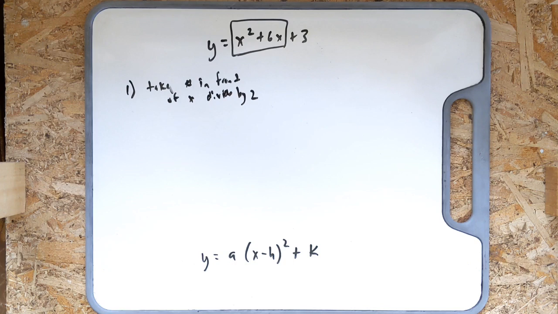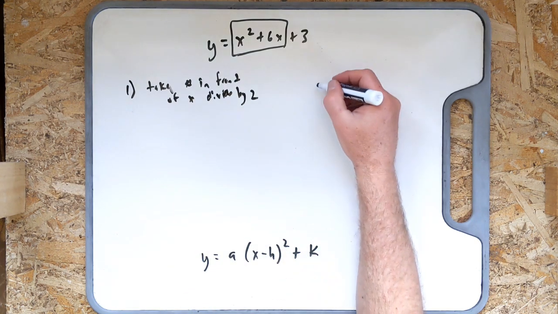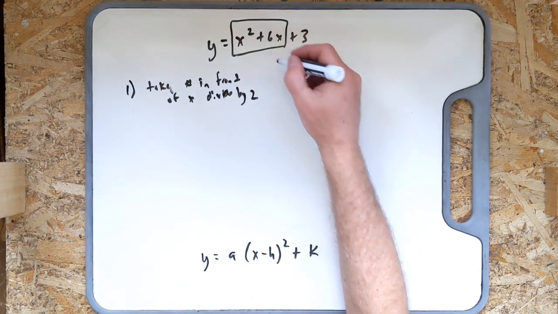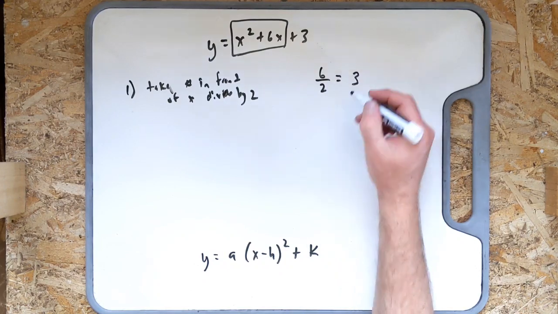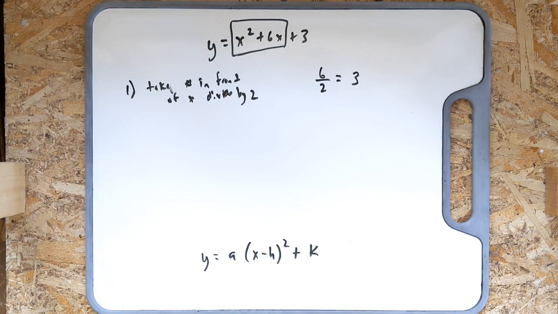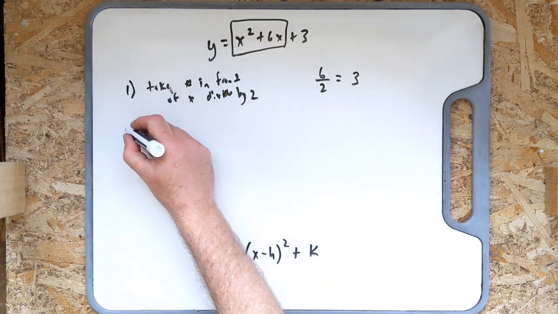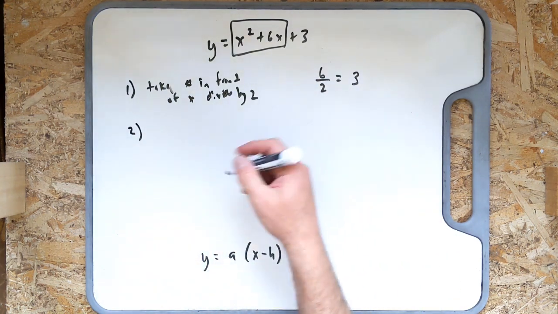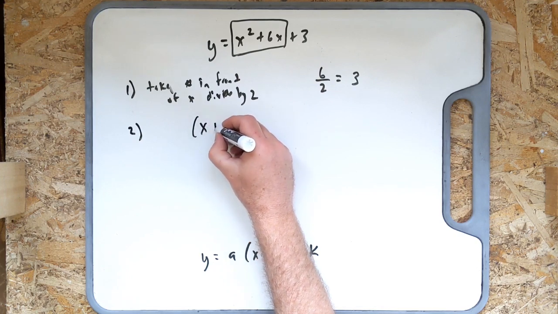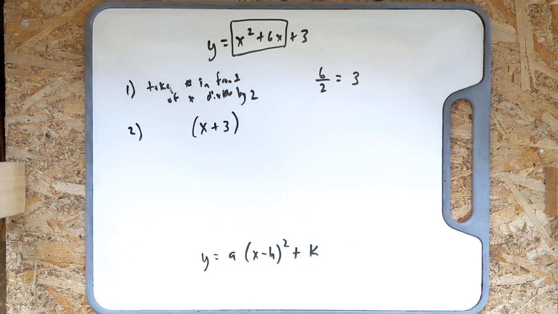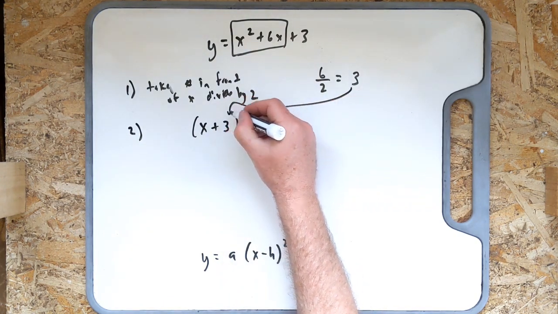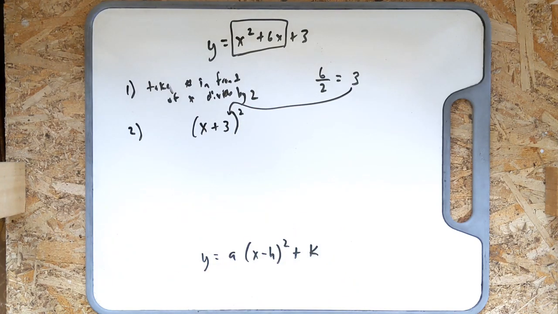Now you don't actually then put it back into the equation, it's just to give you a number, so I'm going to do that here. 6 is my number in front of the x, divide by 2, and that gives me 3. That is going to be one of the terms of the vertex. So put this number inside the parenthesis with x plus 3 in there, and square it. That is going to be part of the equation.